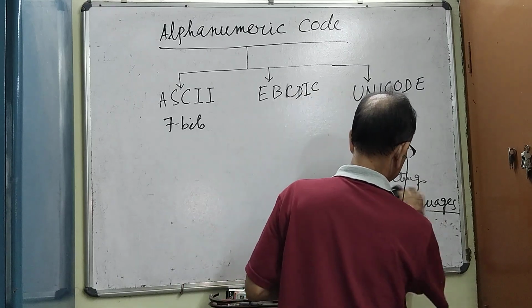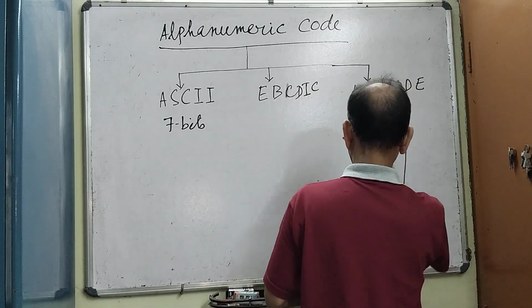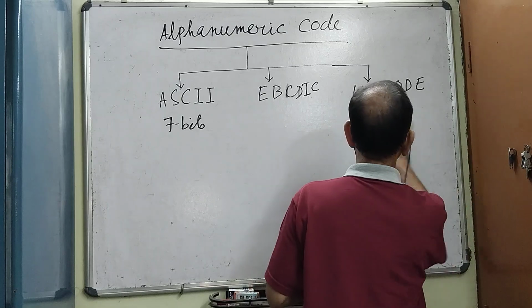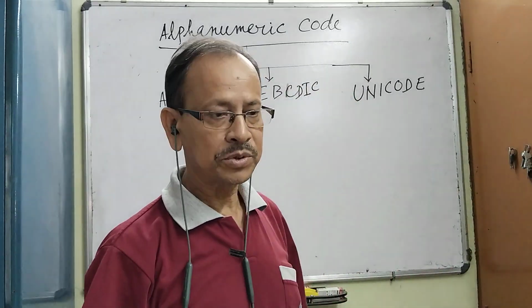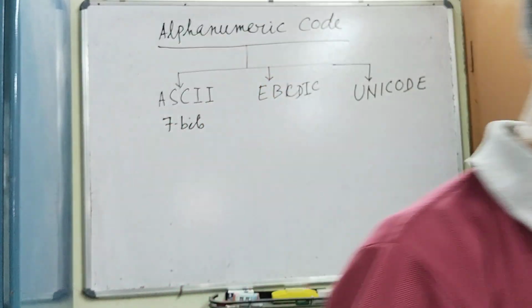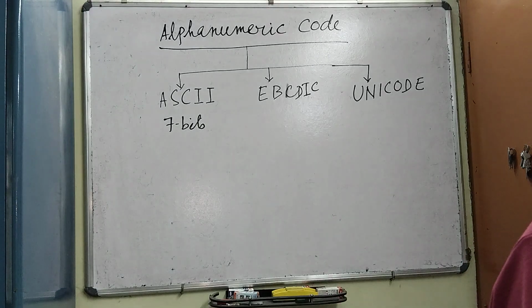Basically, there are three types of Unicode.